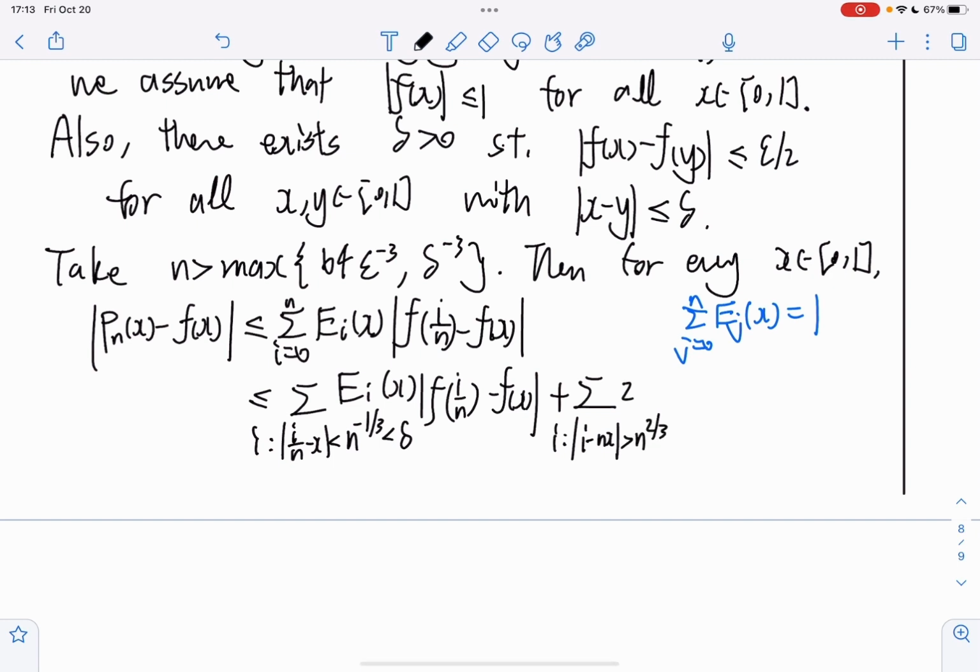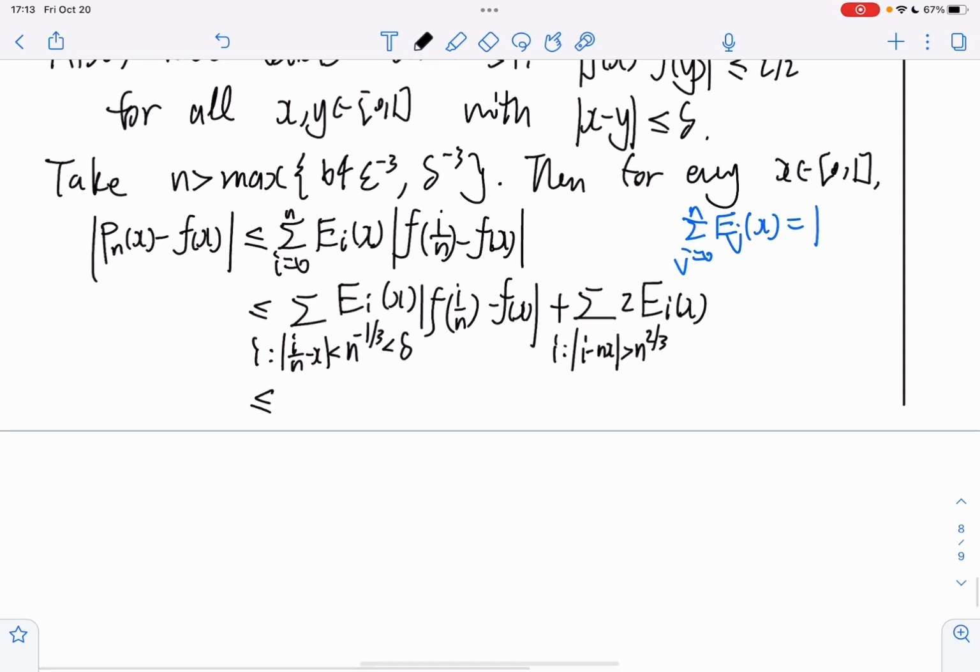We split them into two. This is less than or equal to: the first term is bounded by half epsilon, and the second term is bounded by 2 times n to the power of -1/3, which can be bounded by epsilon.